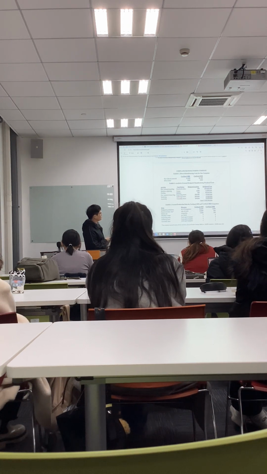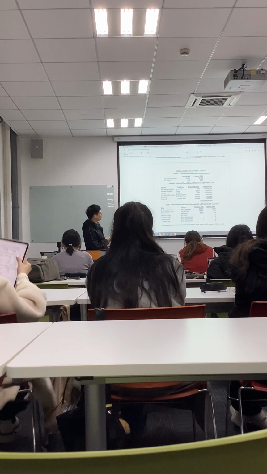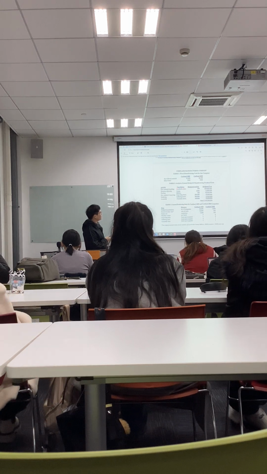And also the overall overhead cost associated with these three types of machines. The total amount of raw material handling is 200, and the total cost is this one.